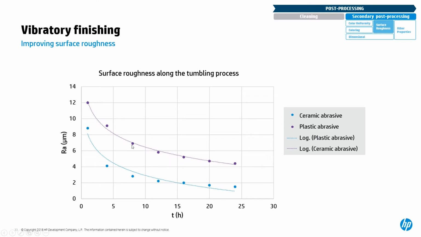So it could be interesting to use it for parts where there are details and we don't want to remove those details through the tumbler, while in other parts where there's only a raw surface without any type of texture, the ceramic abrasive will be the one providing the best productivity because it can get a very low Ra, or a very smooth part, in a shorter period of time.